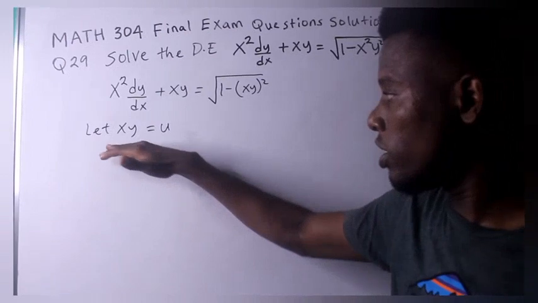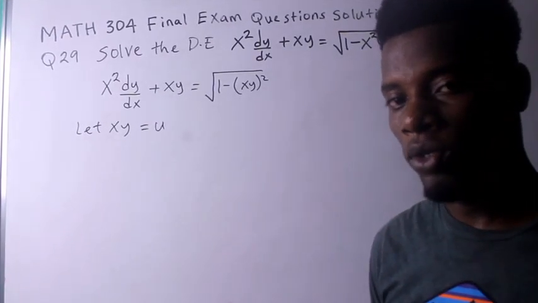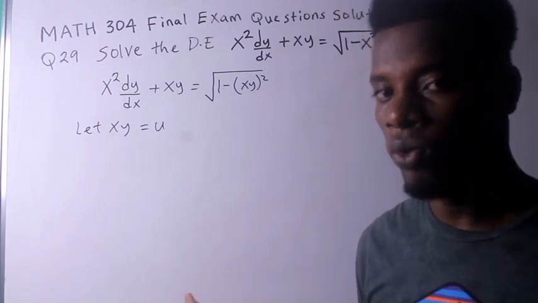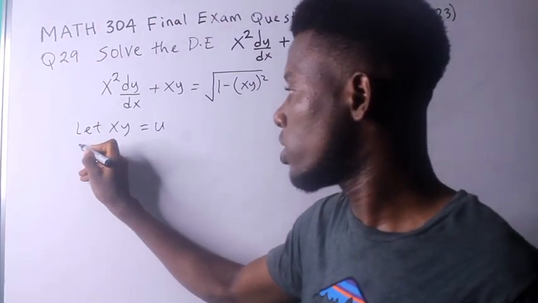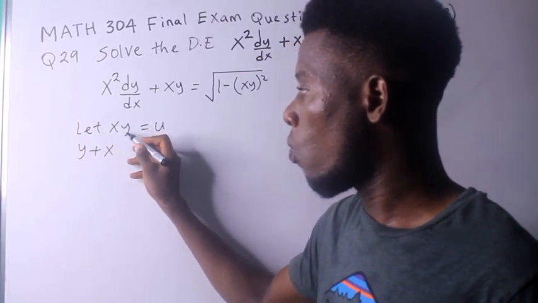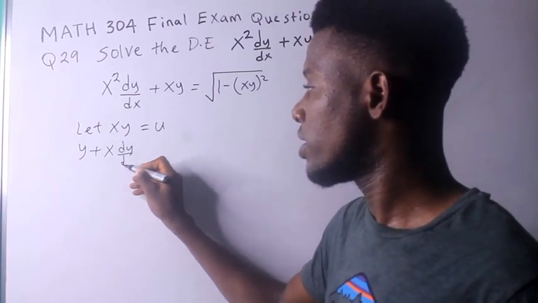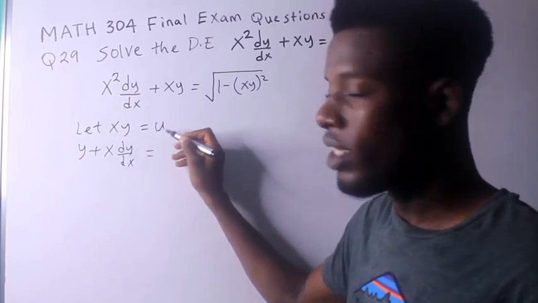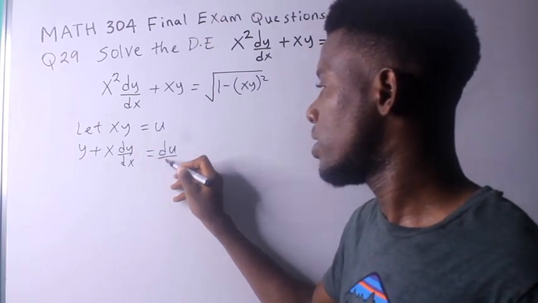Differentiating this equation with respect to x, we are going to use the product rule. We differentiate x with respect to x, that's 1, so we keep y constant, plus we hold x constant and then we differentiate y with respect to x, that's dy by dx. And this equals the derivative of u with respect to x, that's du by dx.